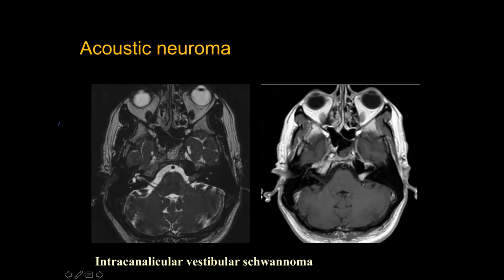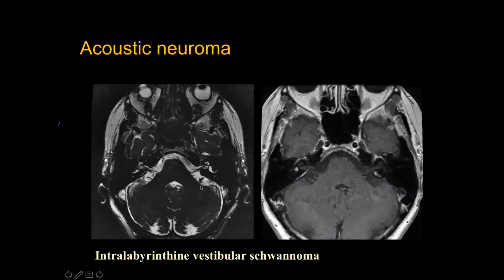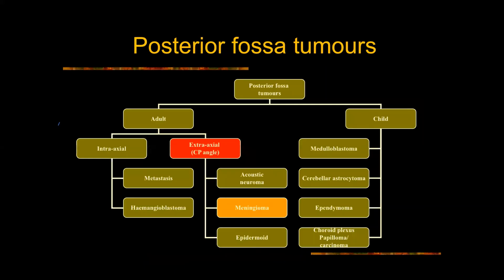That's a vestibular schwannoma. Or you can have, very rarely, a lesion just sitting inside the vestibule or the cochlea that enhances with contrast. This is an intralabyrinthine schwannoma. That's the commonest CP angle tumor. About 80% of the tumors are going to be acoustic neuromas.